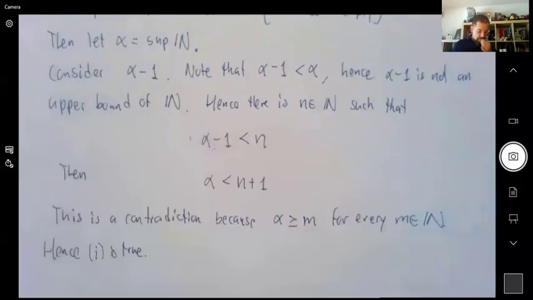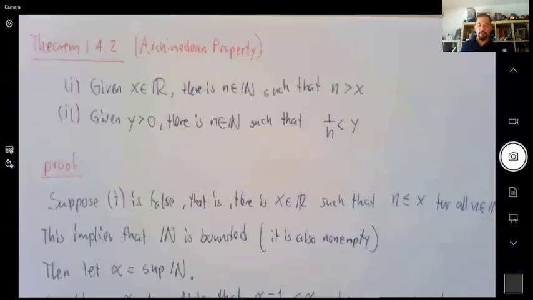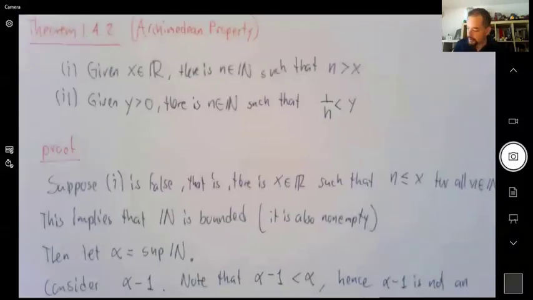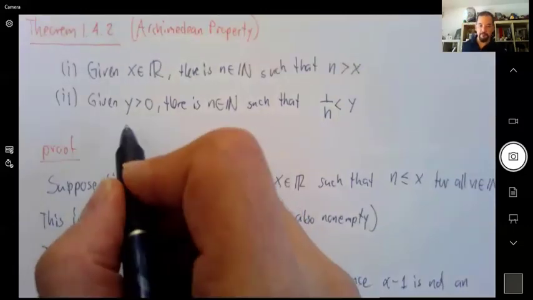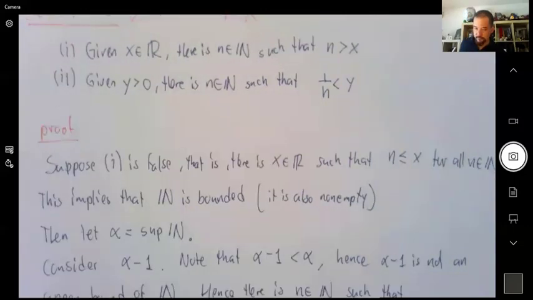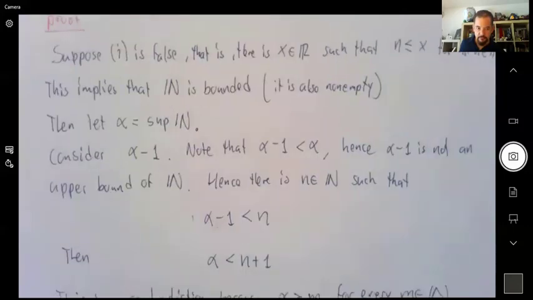Okay. And then what about the second part? Professor, before you continue, I have a quick question. So you're saying that because alpha is the supremum, that this is false.